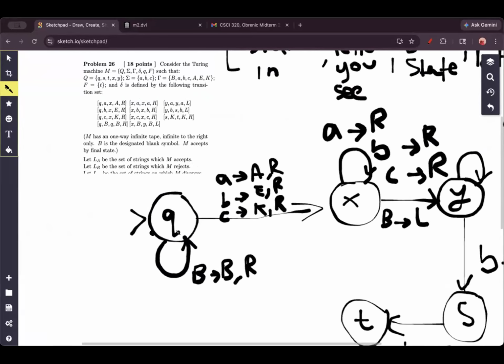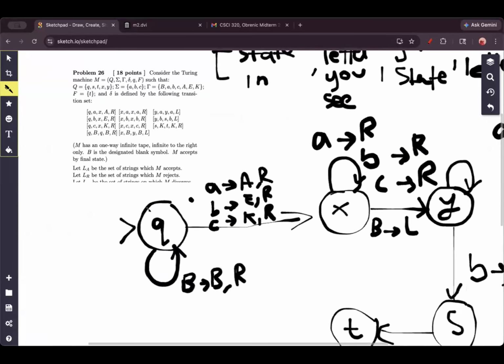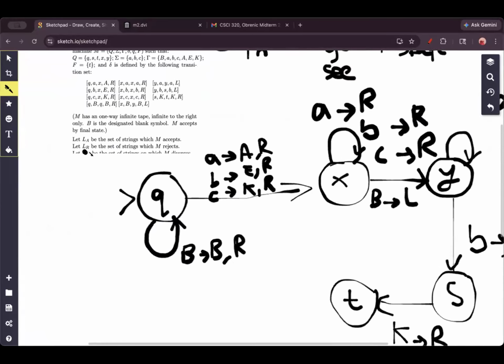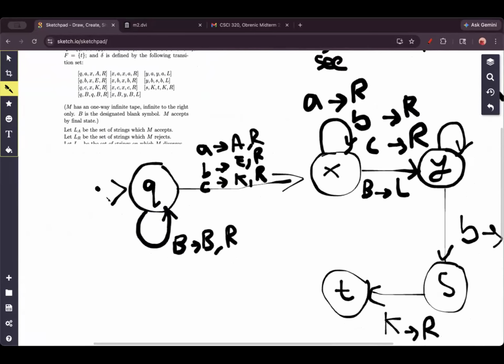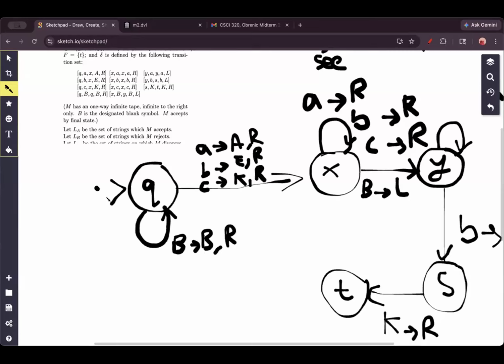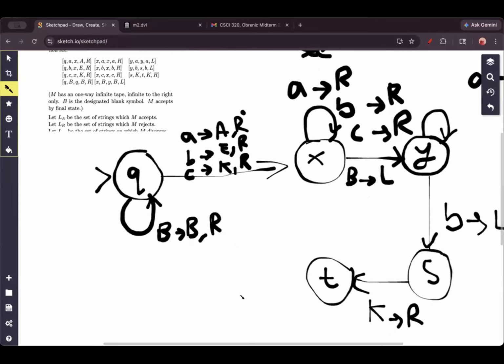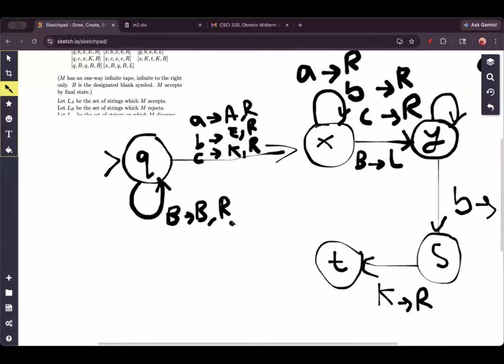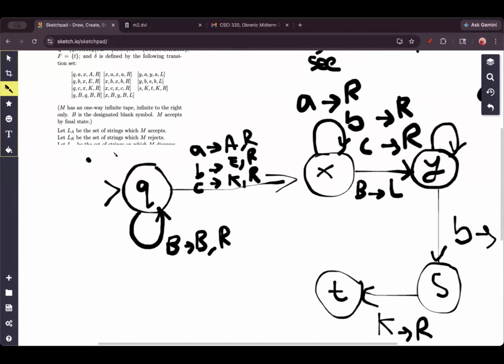M is only going to accept if we go from Q to the final state, which is T in this case. LR is the set of strings which M rejects, which is basically if it doesn't diverge and doesn't accept, but gets stuck somewhere in the machine. And LD is the set of strings on which M diverges.